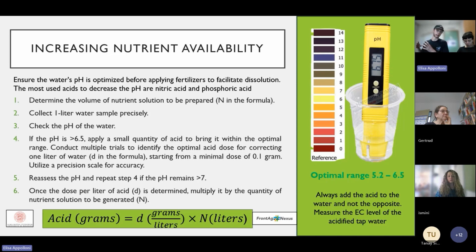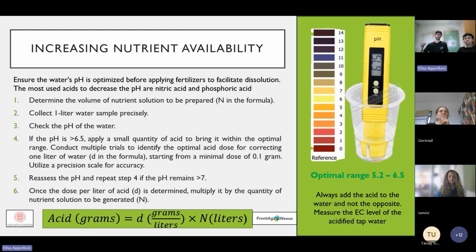Well, basically, we collect 1 liter of our nutrient solution. We check the pH of the water. And if the pH, of course, will be still 6.75, then we start to apply a little bit of acid, always measuring the amount, so with a balance or a pipette if it is liquid.